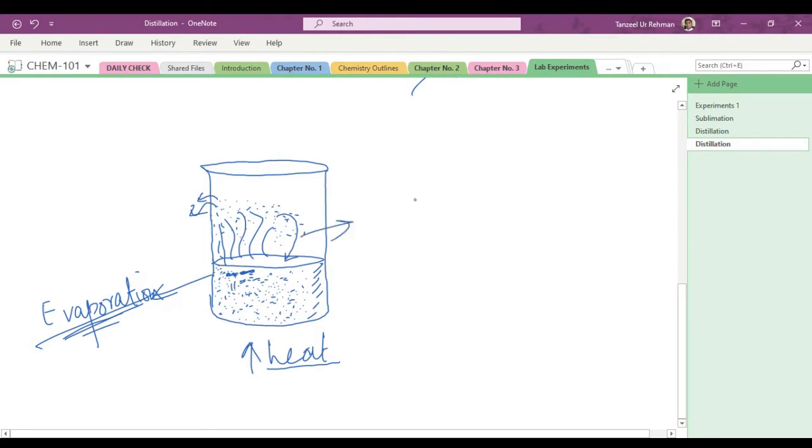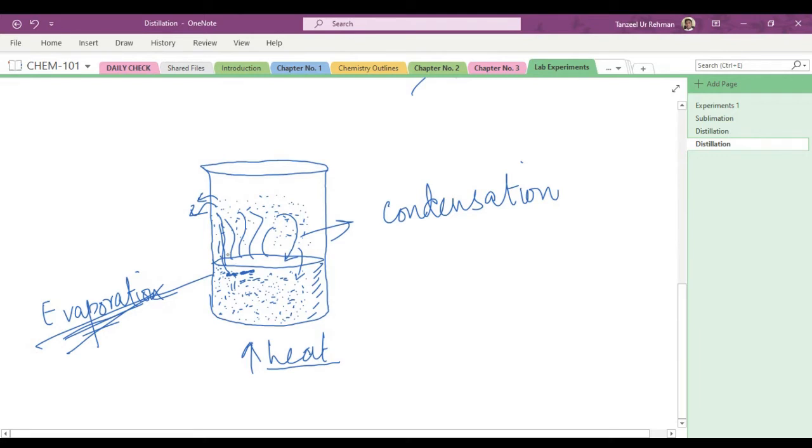This process is known as condensation. Now we have two processes. Evaporation, when liquid molecules change to gaseous state, and condensation, when gaseous molecules change to liquid state.